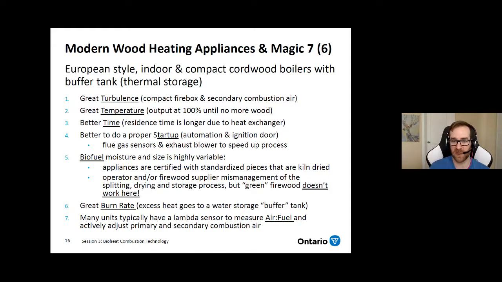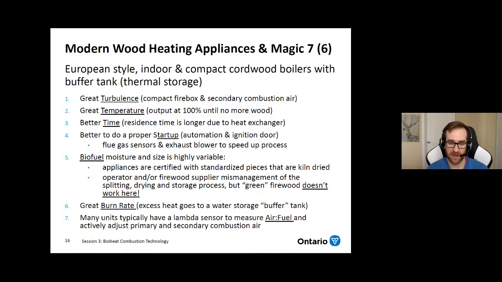Also, startup is a lot simpler because they come equipped with a flue gas sensor, and there's also sometimes an option on the exhaust blower. So the unit recognizes that you're trying to start up a fire, so it does try to go a lot quicker up to temperature.